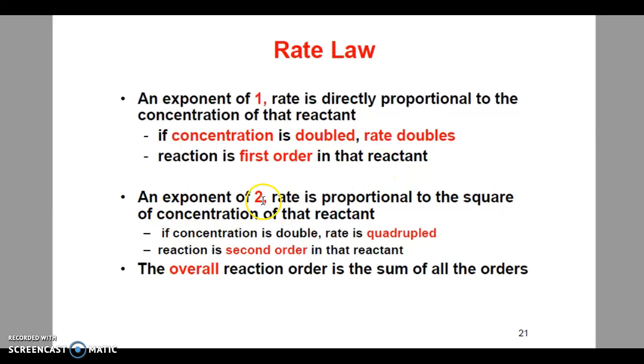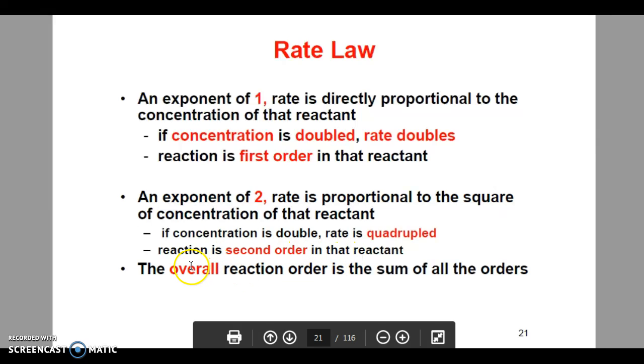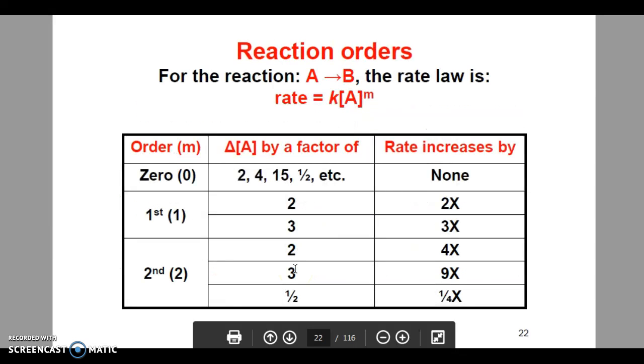An exponent of 2 means the rate is proportional to the square of the concentration of that reactant. If concentration is doubled, rate is quadrupled. That is, the reaction is second order in that case. The overall reaction order is the sum of all the orders.